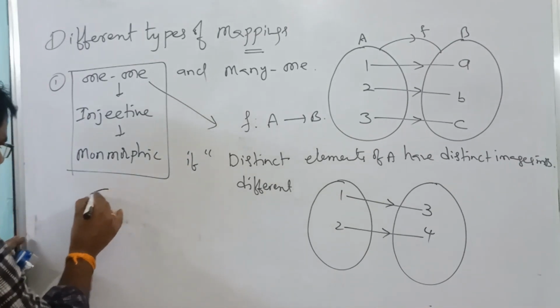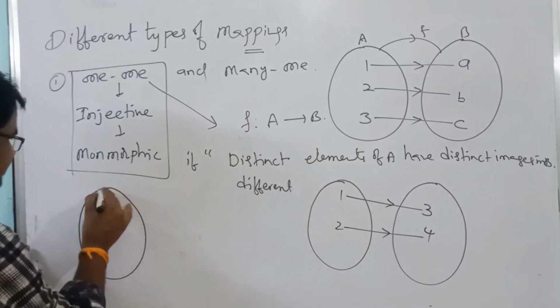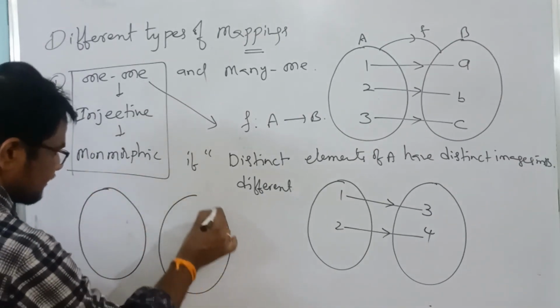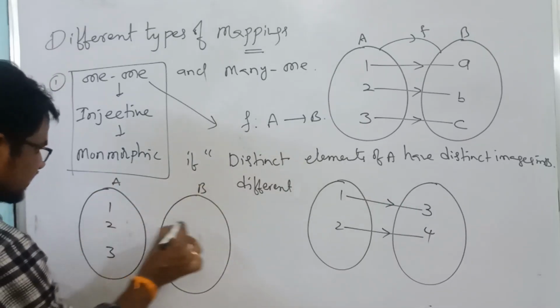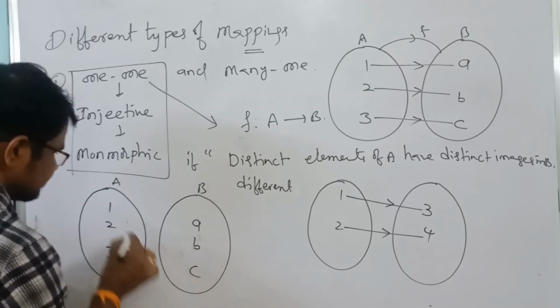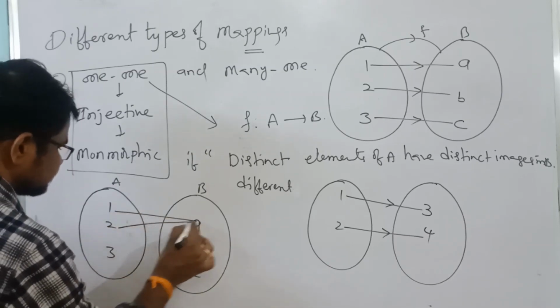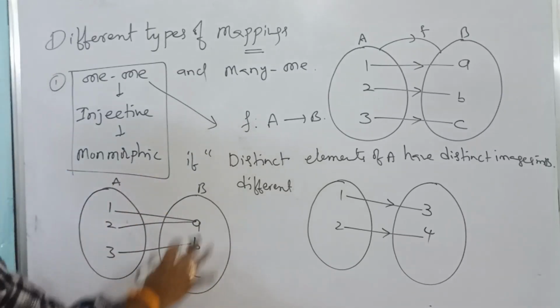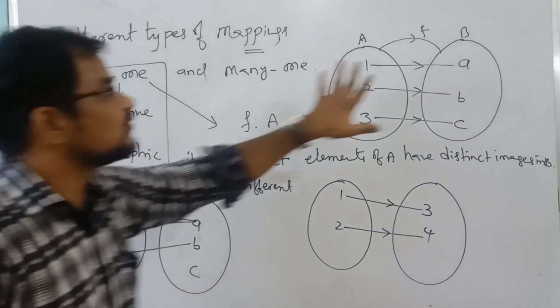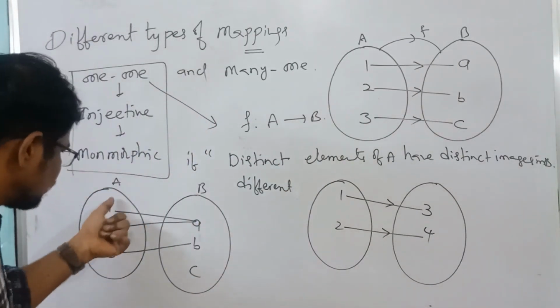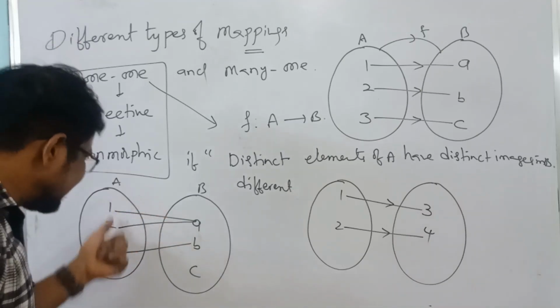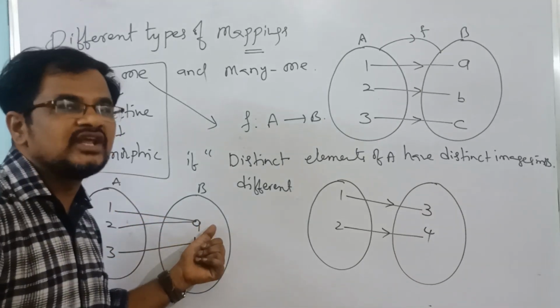Suppose you take this as A and this as B, with 1, 2, 3 here and A, B, C here. This is clearly a function, but not a 1-1 function, because for two elements in A, only one image is there.